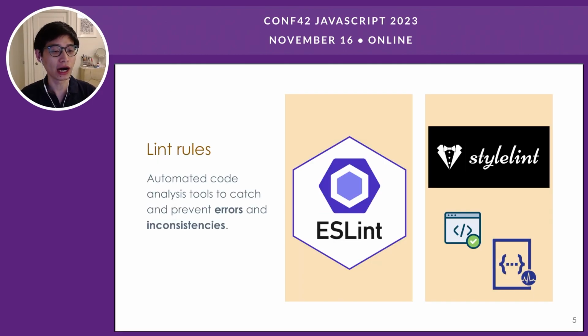So lint rules are perfect tools for automating code analysis and catching and even preventing errors and inconsistencies in your code. Common tools you're probably familiar with are ESLint, and there's also Stylelint for your CSS or SCSS files. And there's a bunch of other tools in the ecosystem for more niche use cases.